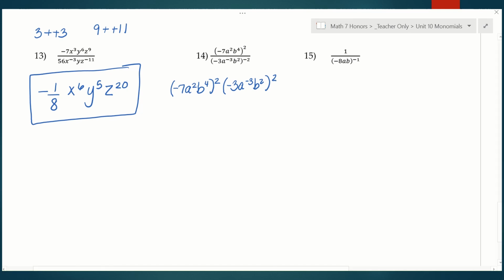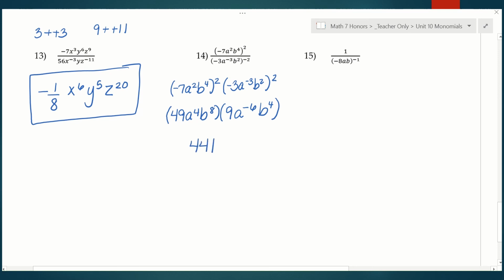Okay, so let's go ahead and square each of these monomials. So 49, a to the 4th, b to the 8th, times 9, a to the -6, b to the 4th. Okay, now we're ready to multiply. 49 times 9 is 441.